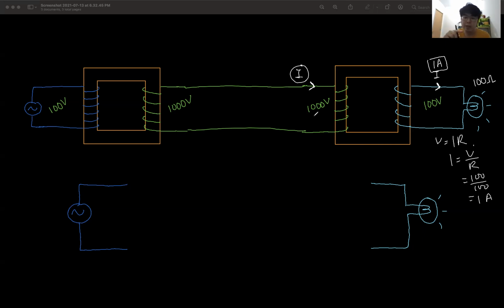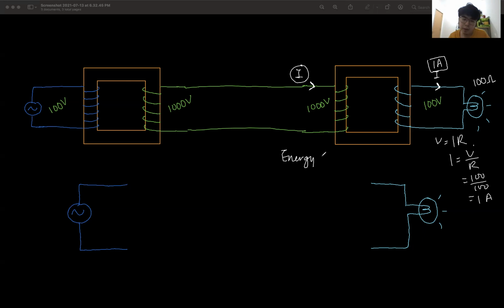We know that energy changes from one form to another form, and the energy is conserved, right? If it's 100 joule here, then it's 100 joule here. 100 joule loss, 100 joule gain. We use that one, but instead of energy, we use power. We use energy per second.